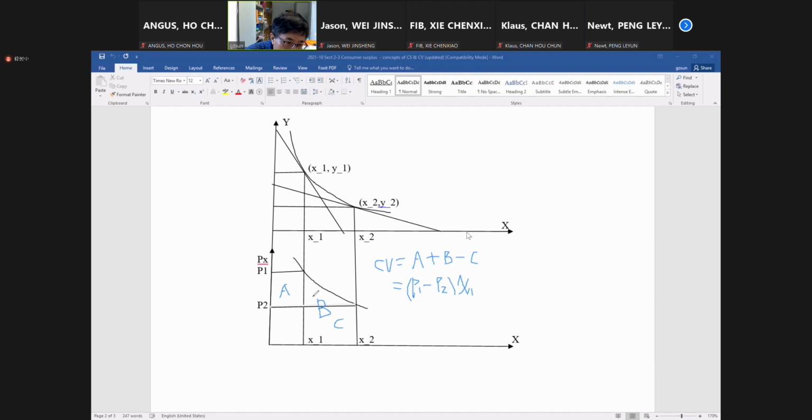If you calculate the integral of this curve running from X1 to X2, this will be B. Let's just leave it here. But C is X2 minus X1 multiplied by P2. Let me put here P2 times X2 minus X1.